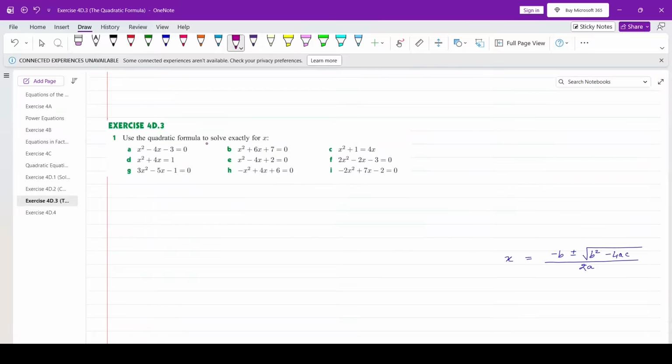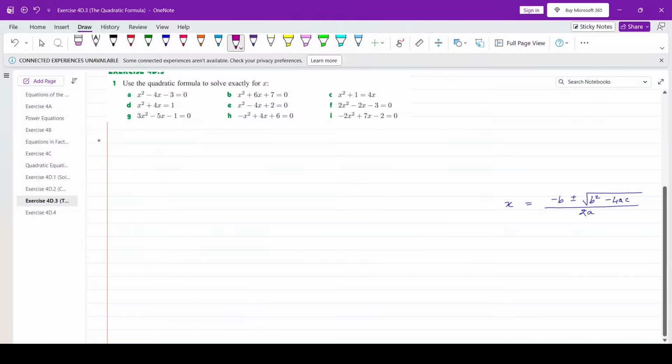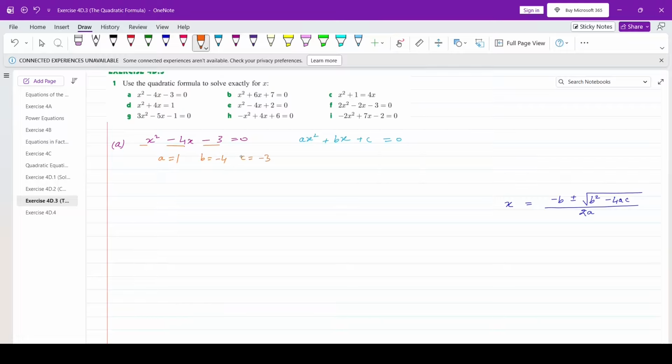Use the quadratic formula to solve exactly for x. So, x² - 4x - 3 = 0. If we write this equation in the form ax² + bx + c = 0, we can see that a is equal to 1, b is equal to -4, and c is equal to -3.